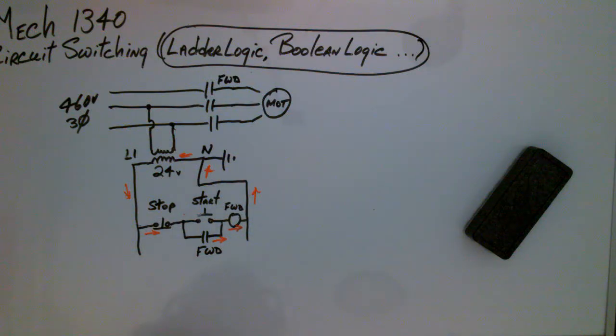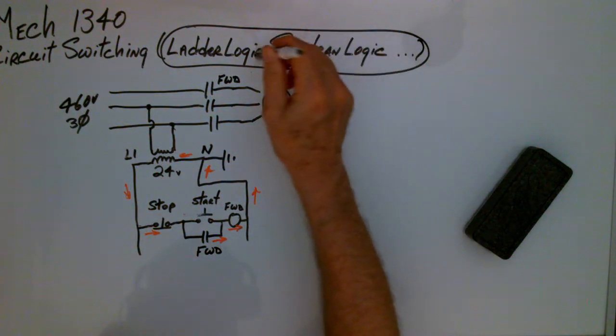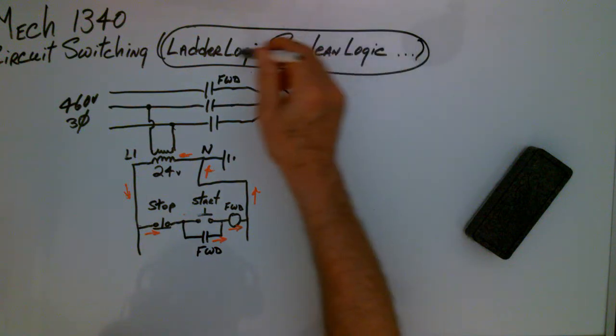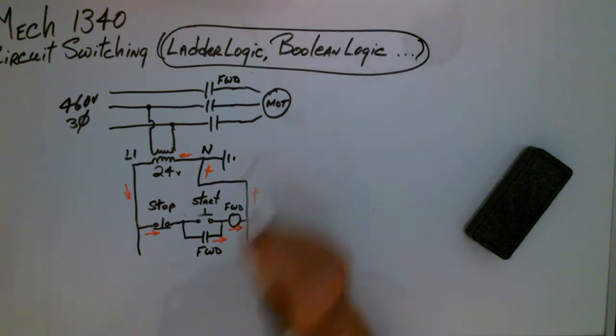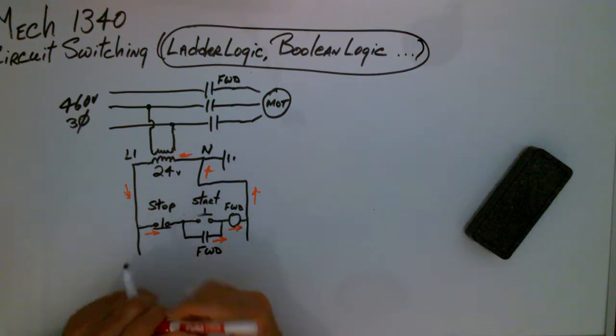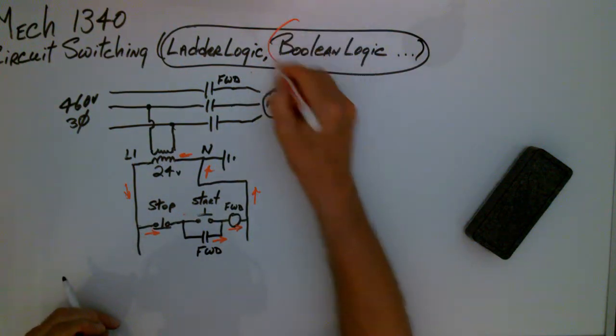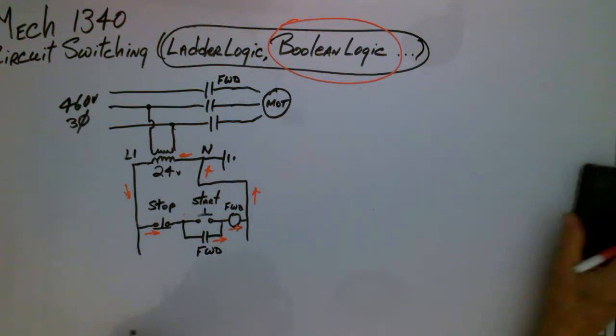Now why do we want to talk about Boolean logic and ladder logic? And I'm going to stick to Boolean logic for a while. In fact, I may just adopt that in my lingo for the rest of this course.